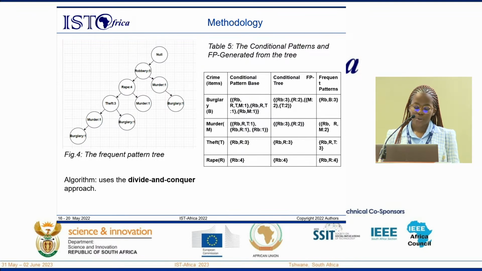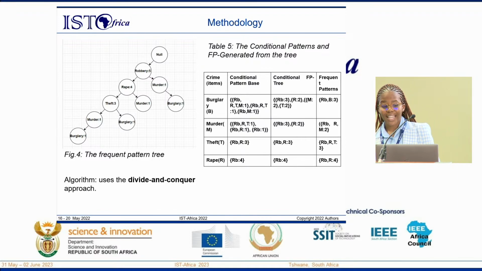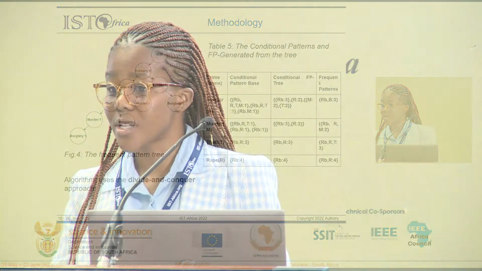Overall, the frequency that appears on the FP tree is equivalent to the frequency of the original item set in the beginning. The nice thing about this algorithm is that it uses the divide and conquer method when generating the frequent patterns, unlike the Apriori, which uses breadth-first search.